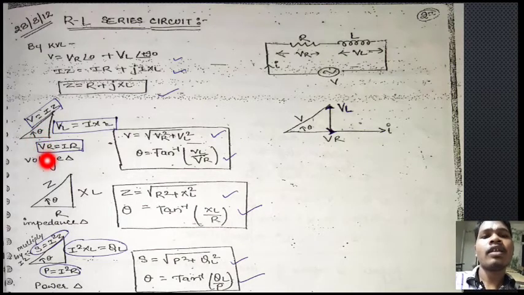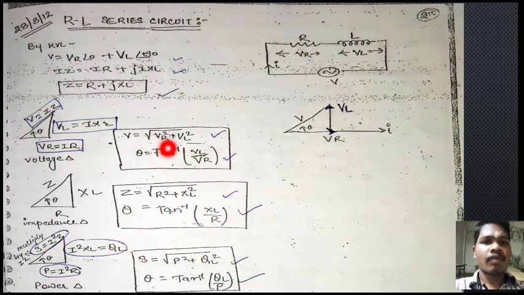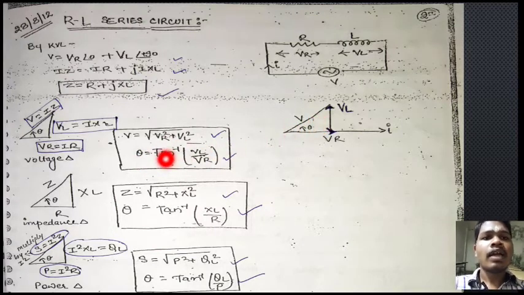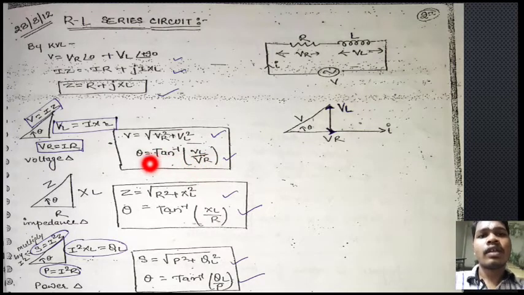VR is IR, VL is I XL and V is I into Z. So this is the voltage triangle, where V is equal to root over of VR square plus VL square, and theta is tan inverse of VL divided by VR.